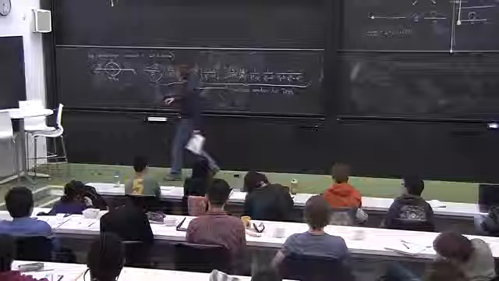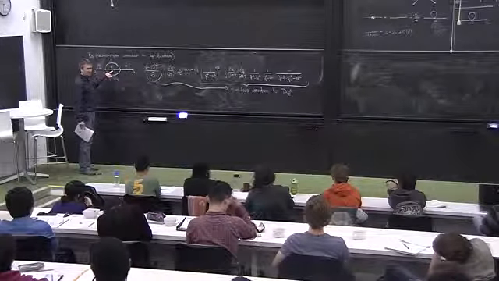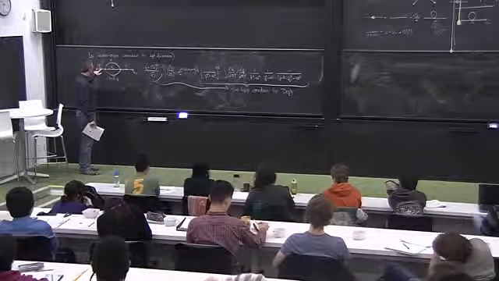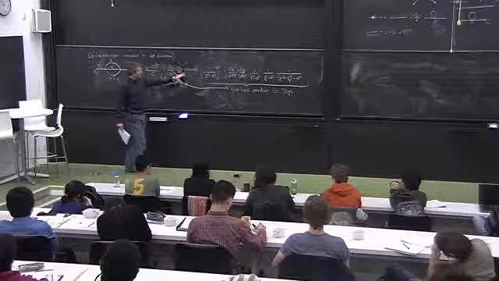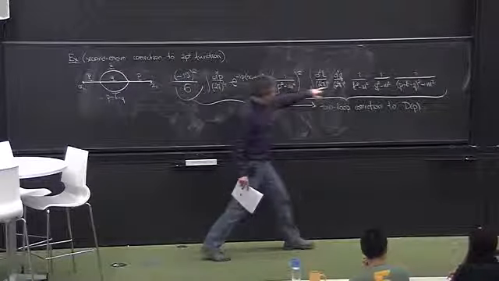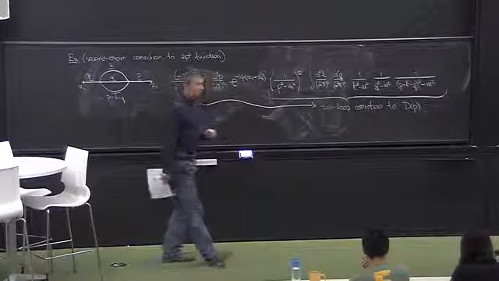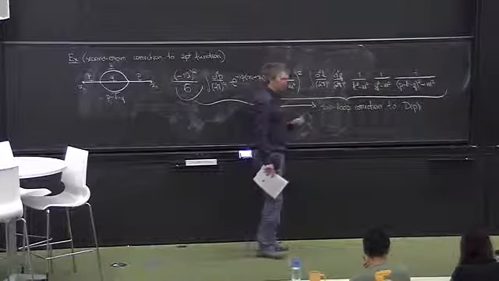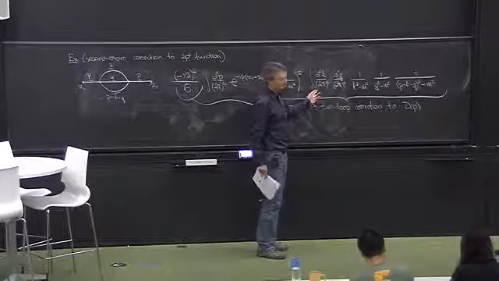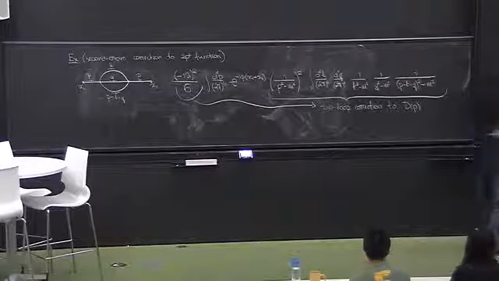So each propagator gives a factor of i over p squared minus m squared. So you see that these two propagators are mapped to this factor. This propagator is mapped to that factor. And that's the only element. In fact, the rest is just the integration. And you integrate over all momenta that appear.